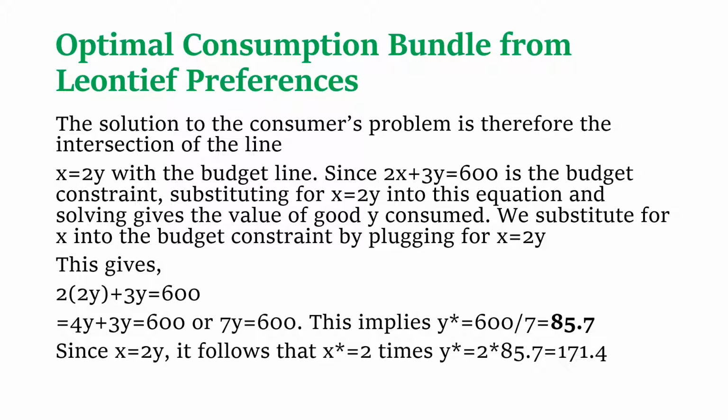So now we have the optimal unit of x consumed and the optimal unit of y consumed. X is 171.4 and y is 85.7. So that is the solution to this consumer's problem.